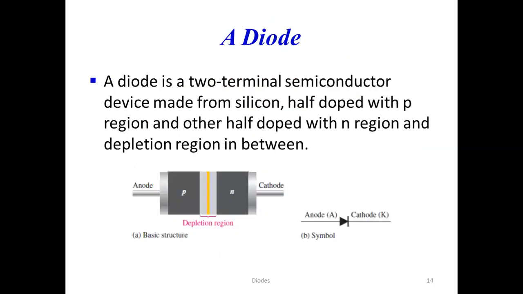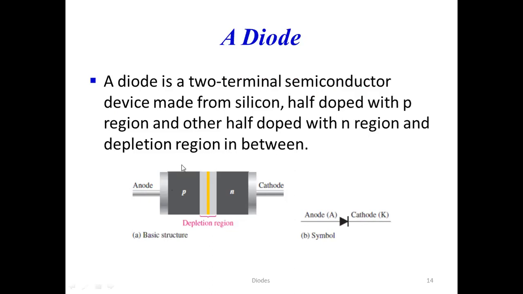See here. The same diode is shown here, the PN junction diode. There is a small depletion region. A diode is nothing but basically a two-terminal semiconductor device made from either silicon or germanium.